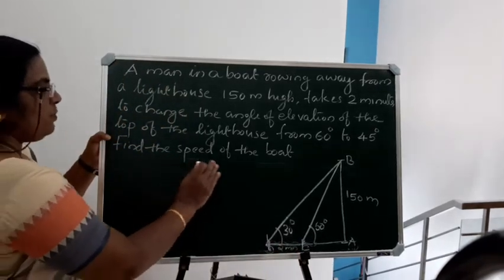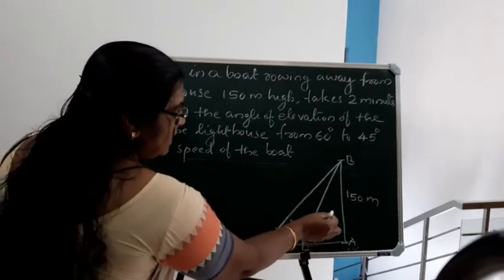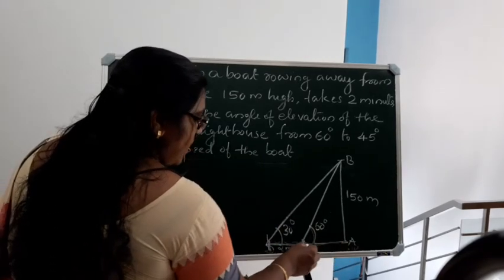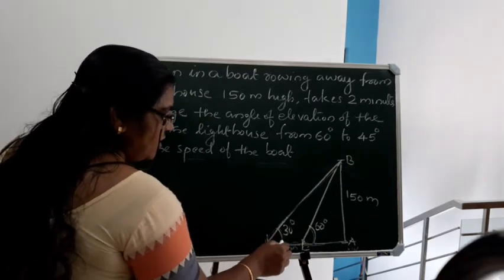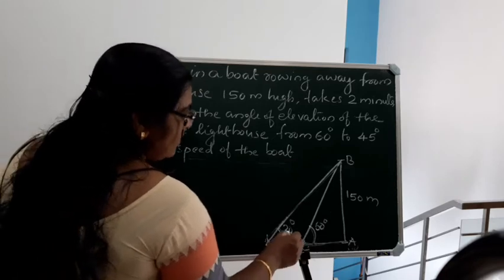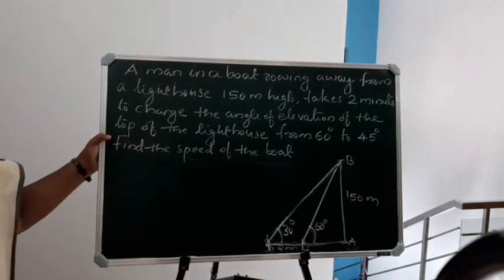Let the speed of the boat be x meters per second. We consider this triangle and take tan 60, then write AC. After that, consider the next triangle and write tan 30, then write AD. The height is given. Then simplify and you will get the speed.